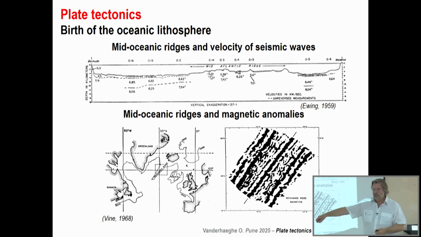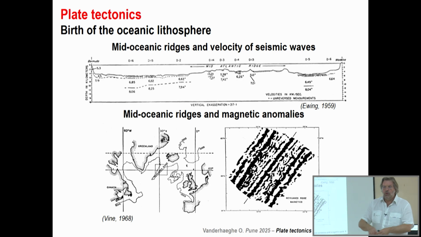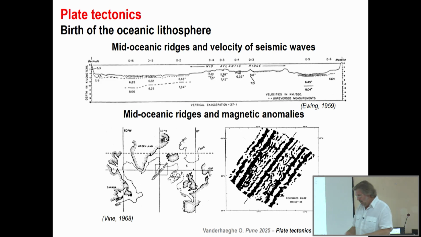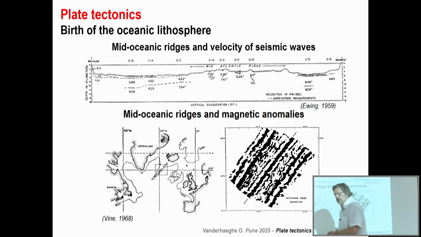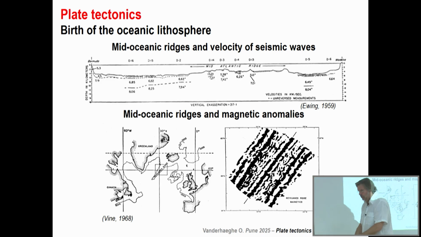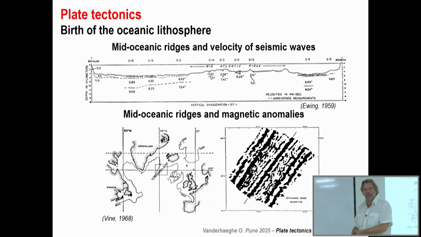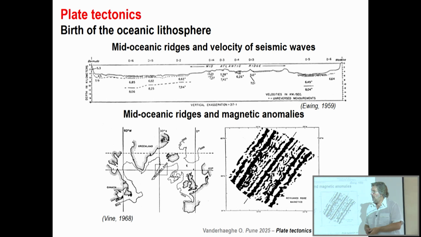It was taken from London, Great Britain, to New York. They went with a ship and left the cable going down to the ocean floor, and then all of a sudden, in the middle of the Atlantic, they realized that they didn't have to go down 4,000 meters, but only 1,000 meters. Oh, there's a ridge there. So that was the first image of the mid-Atlantic ridge, because of the cable for telegraph.